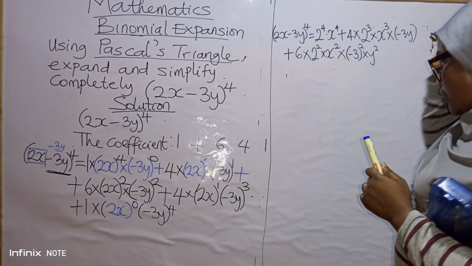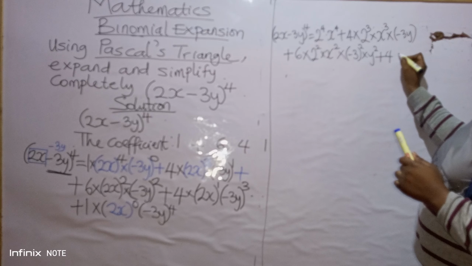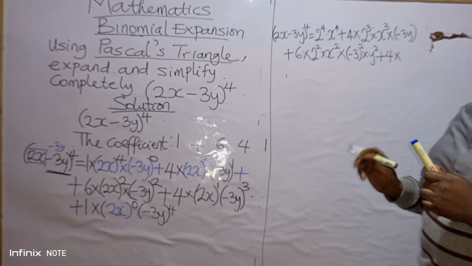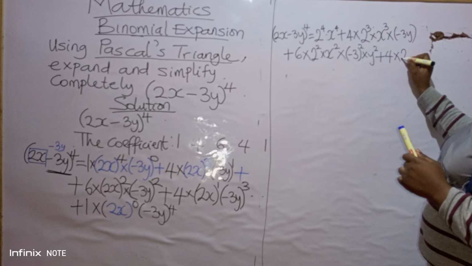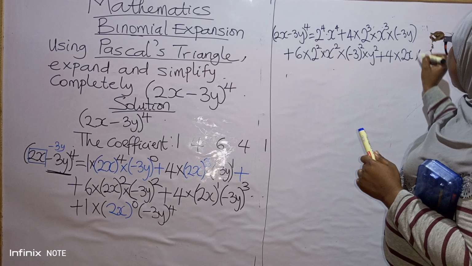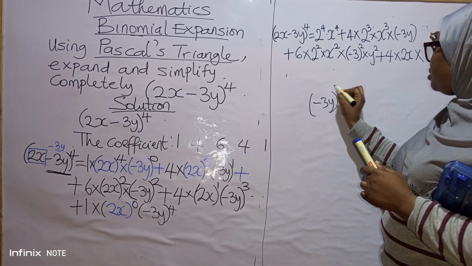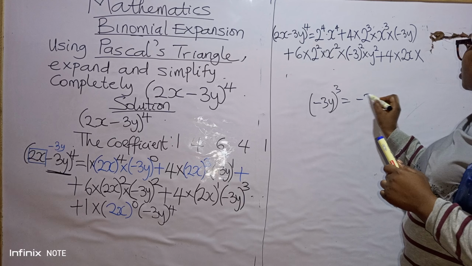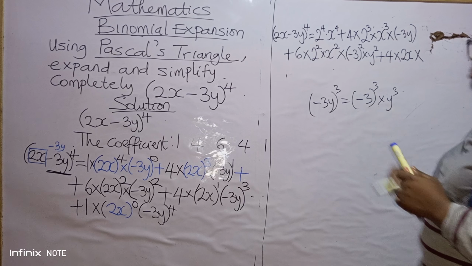So I'm done with that. So the next one, plus 4 multiplied by 2x raised power 1 is still the same thing. So multiply by 2x. Then multiply by minus 3y raised power 3, which will be minus 3 raised power 3 multiplied by y raised power 3.